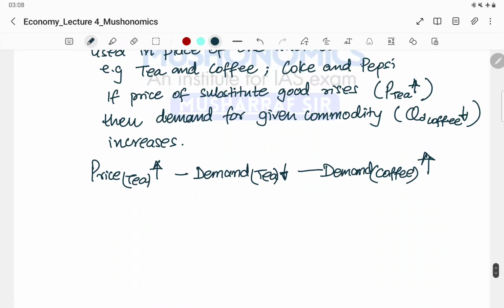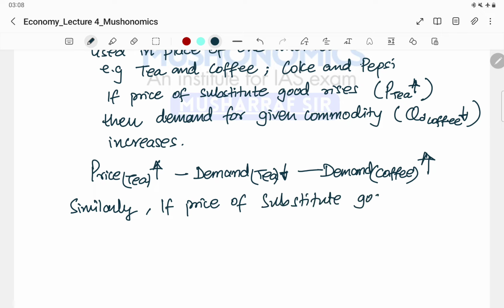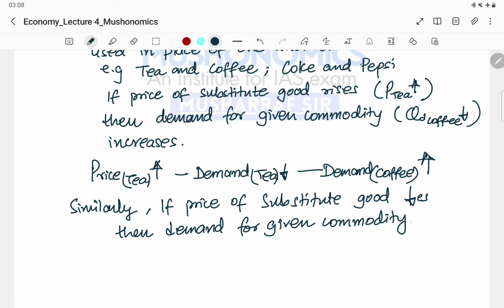In a similar way, we can understand that if the price of a substitute good decreases, then the demand for the given commodity decreases.